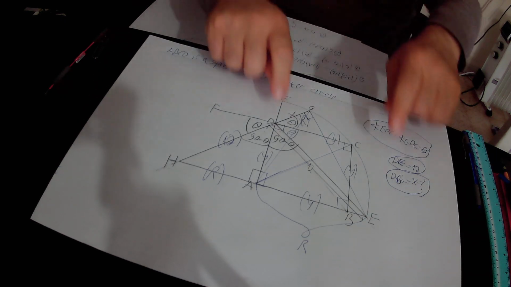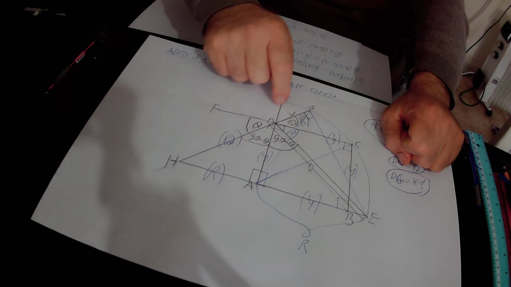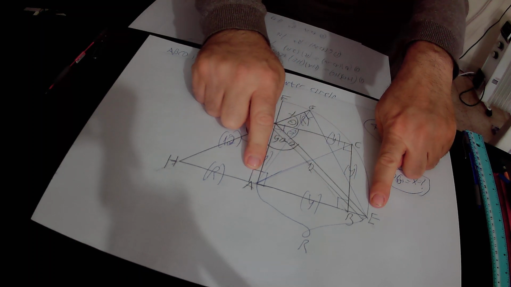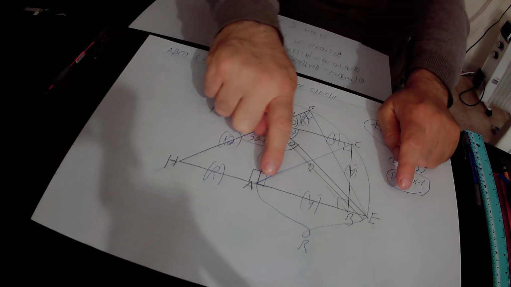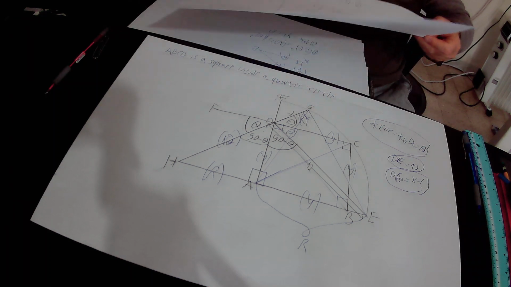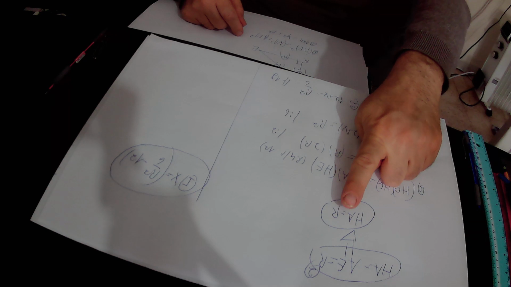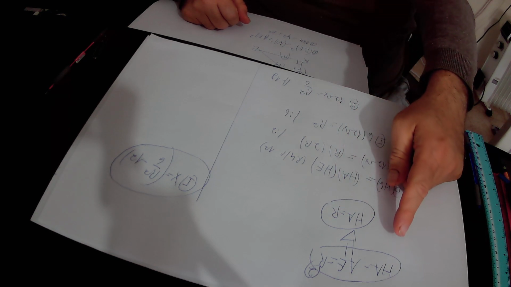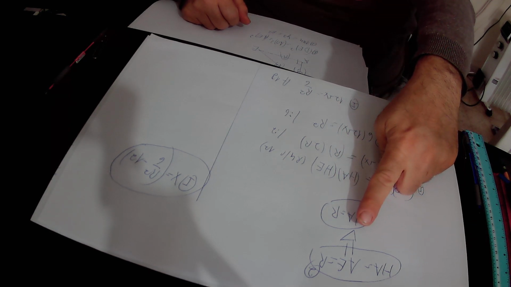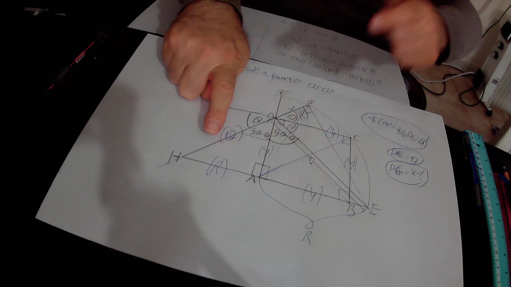But we know that, because FEA is a quarter circle, AE must be the radius of the quarter circle. We define the radius of the quarter circle as capital R, and therefore AE equals capital R according to our definition. And therefore from this equation, we derive that HA also equals capital R.